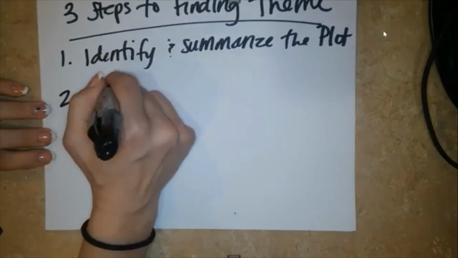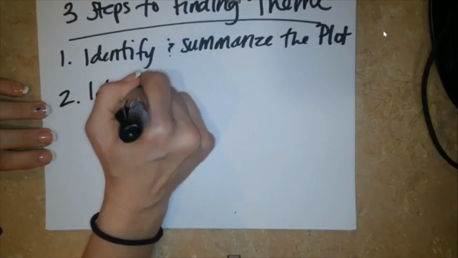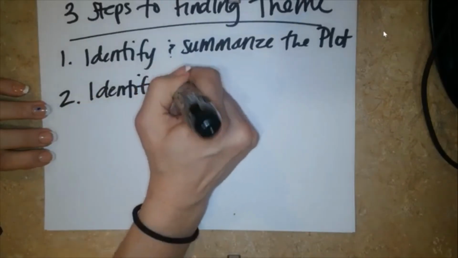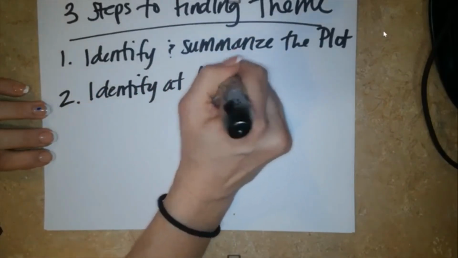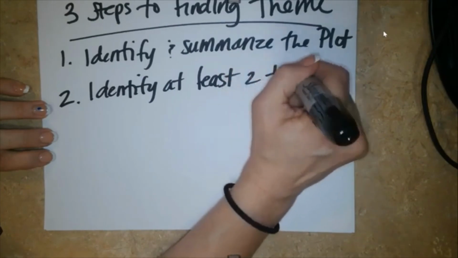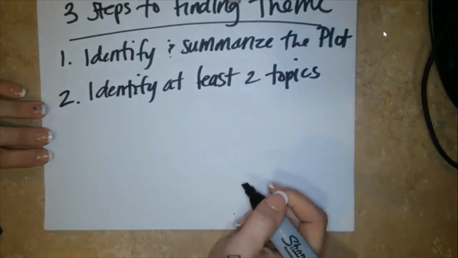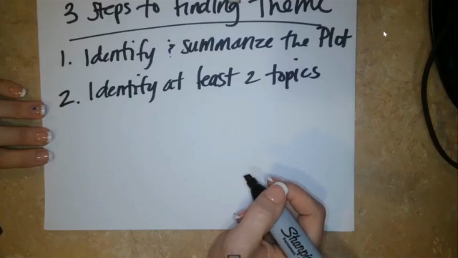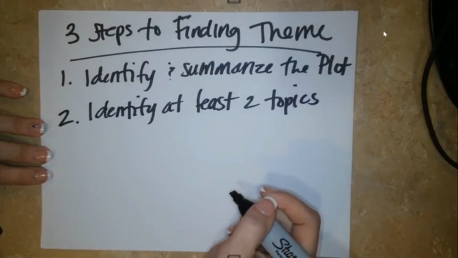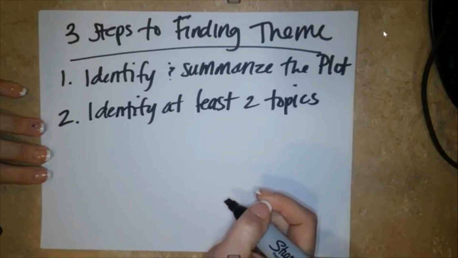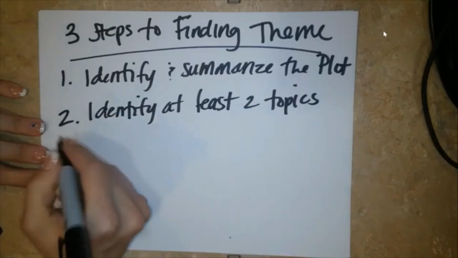The second thing you're going to do is identify at least 2 topics in the story. That's because all stories have more than one theme for the most part, because all stories have more than one idea that they discuss. And if you find a couple, then it gives you more to work with.